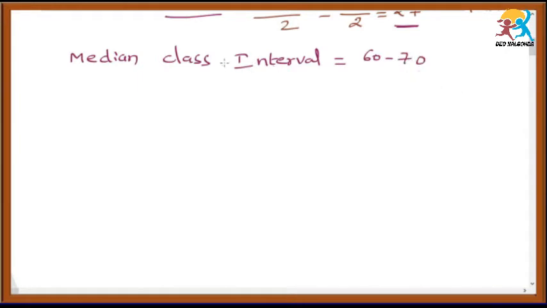Now we will write the formula for finding the median of a grouped frequency distribution table. So the formula for the median is equal to L plus (n by 2 minus Cf) by f into h. N by 2 means we have to make the sum of the frequencies half.